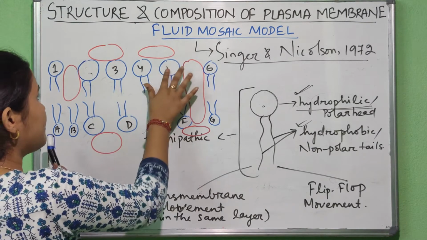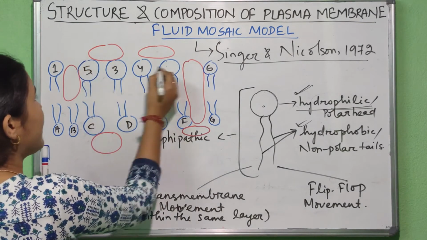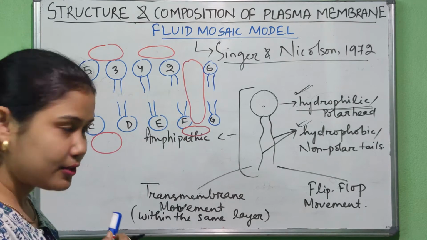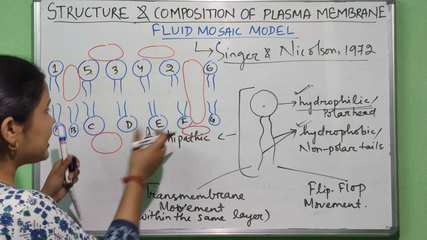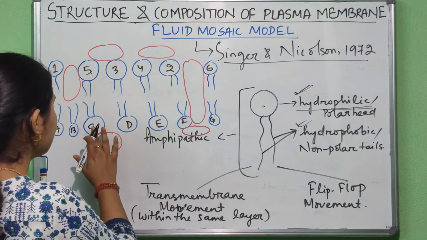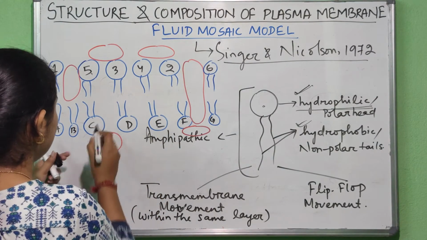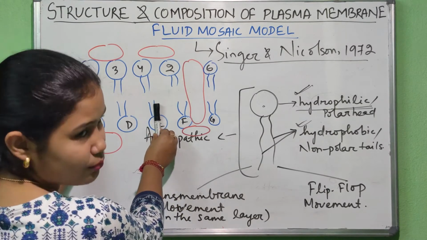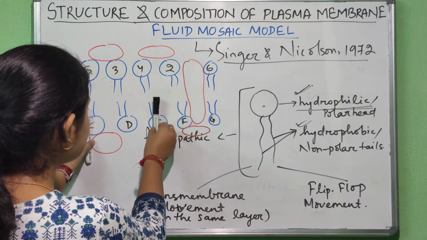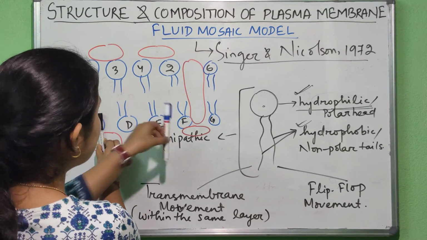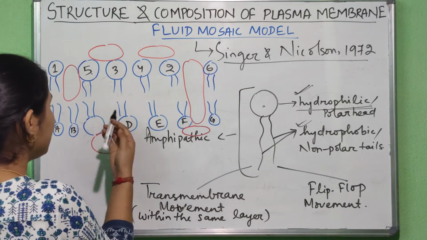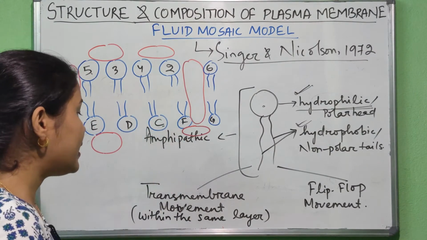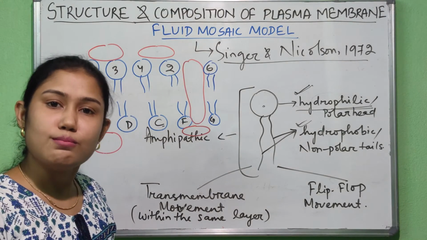So this will be 5 and this will be 2. The movement is only within a single layer. If we consider the movement within the second layer, let us see that C and E are moving. E is moving towards C, whereas C will move towards E. So this will be lipid E, whereas this will be lipid C. This type of movement is called the transmembrane movement.